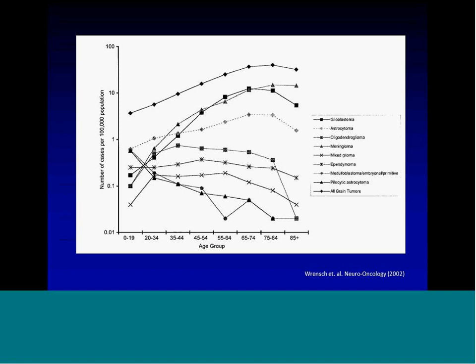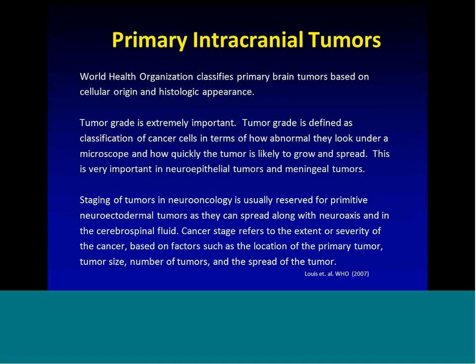It tends to occur more in the pediatric population, but is very rare in our elderly population. Whereas a glioblastoma, which is the most common type of glial tumor, is very rare in the pediatric population, but then it peaks in the elderly population. It depends on how old you are, what kind of tumor you have.